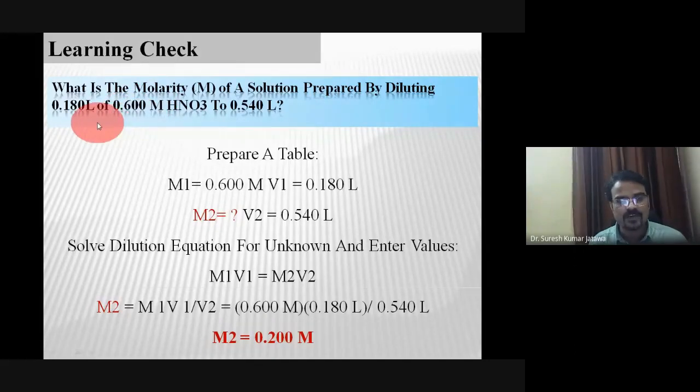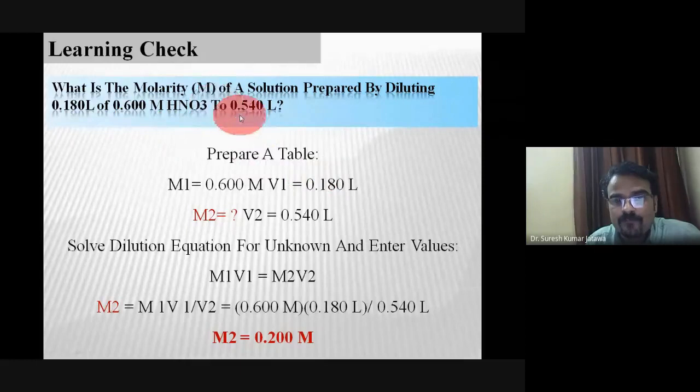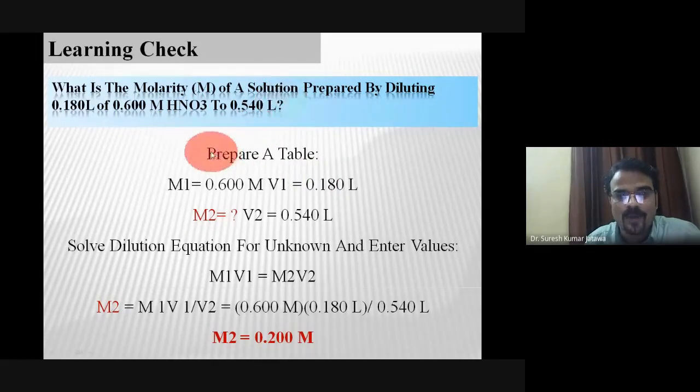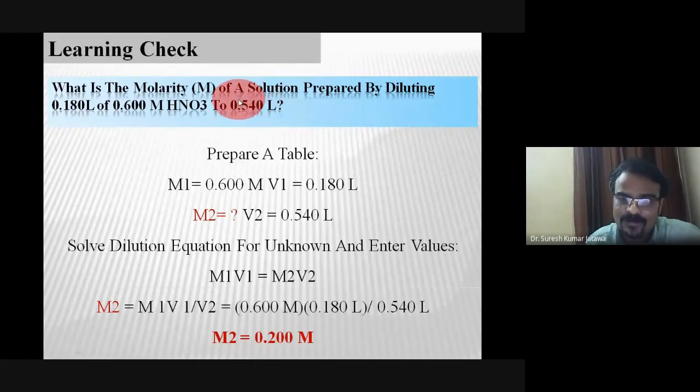How much are you taking? 0.18 liters. That is your V1. And you are diluting it into 0.540 liters. So it is V2. But the molarity of this 0.540 liter solution has to be calculated. That will be your M2. By putting these digits in M1 V1 equals M2 V2, the answer is 0.2 molar.